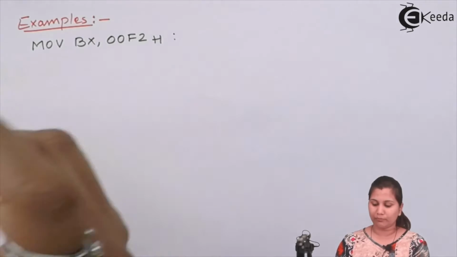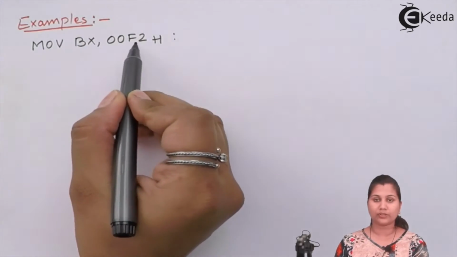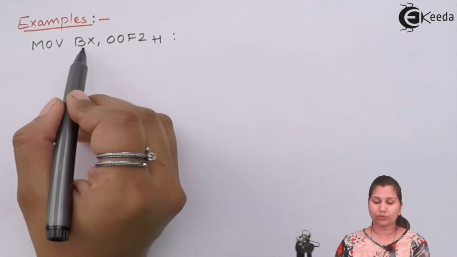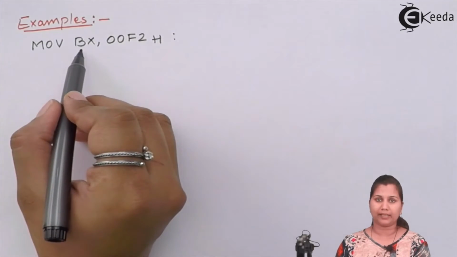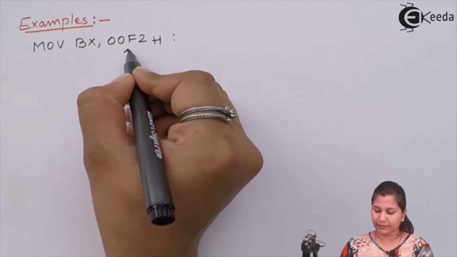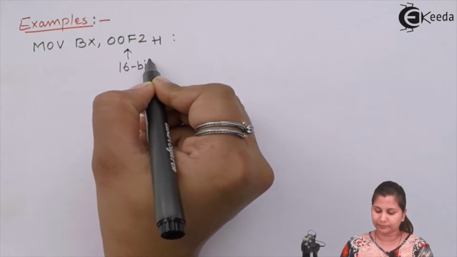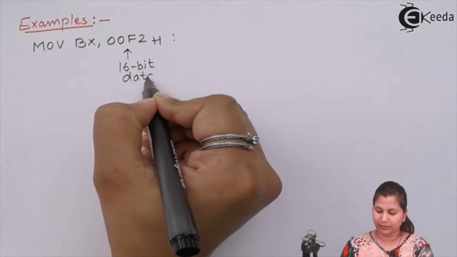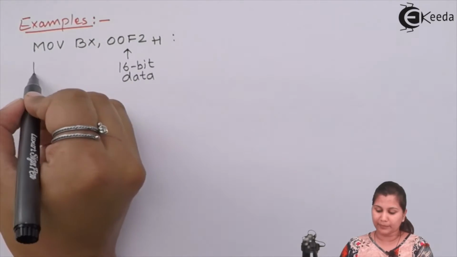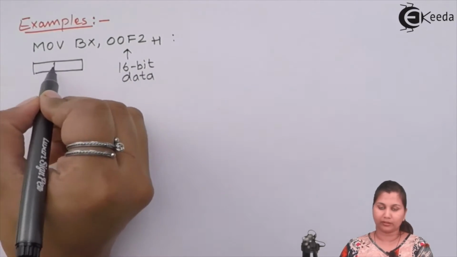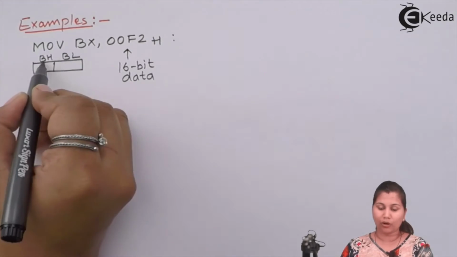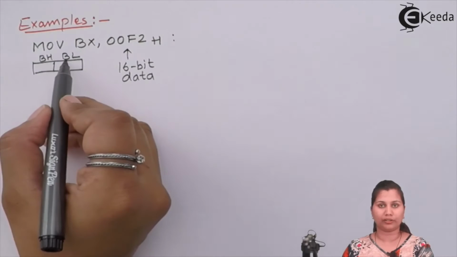The instruction MOV BX, 00F2h transfers this immediate data into the internal register BX. This 00F2h is 16-bit data, and it is transferred to the base register BX. BX is also a 16-bit register made of BH and BL, the higher order register and the lower order register.